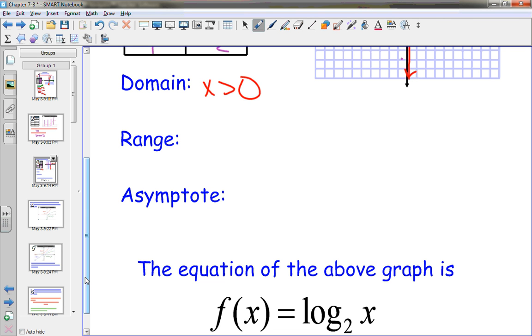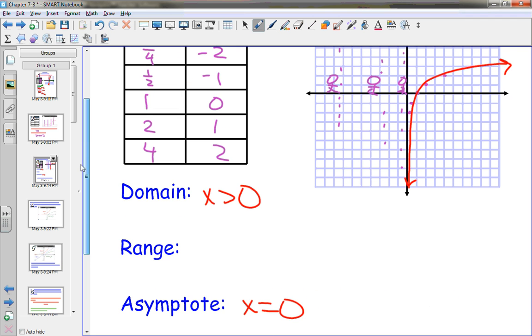If my horizontal asymptote was y equals 0 for my exponential function, what will be my asymptote for my logarithmic function? It's x equals 0 because it's a vertical asymptote. Do we understand that? And vertical lines have the equation x equals a number. Do we get that?